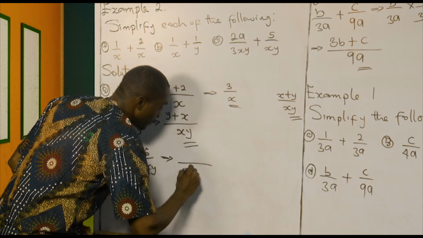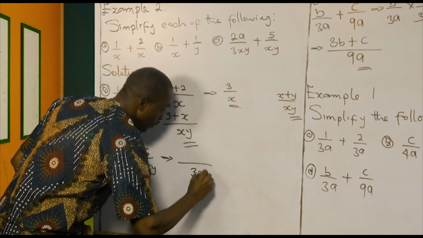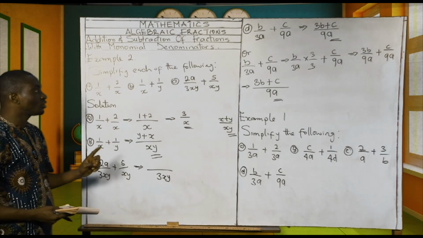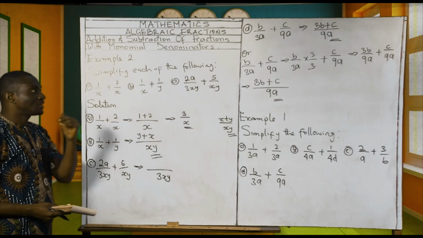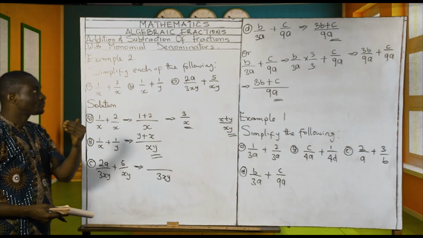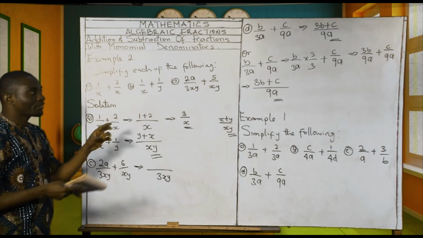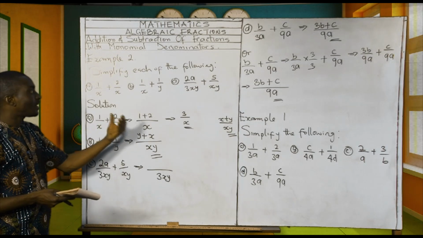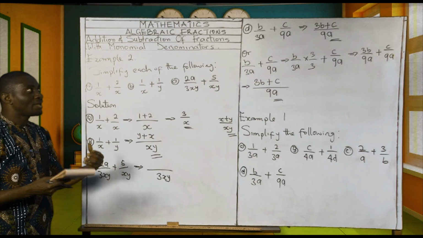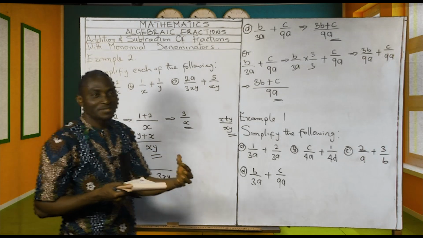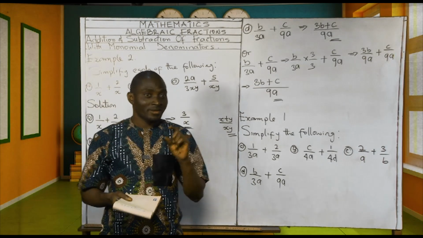So we have 3xy as our new denominator. Please ensure you go back to the last episode of this program and check how to find the lowest common multiple of a given set of algebraic expressions.